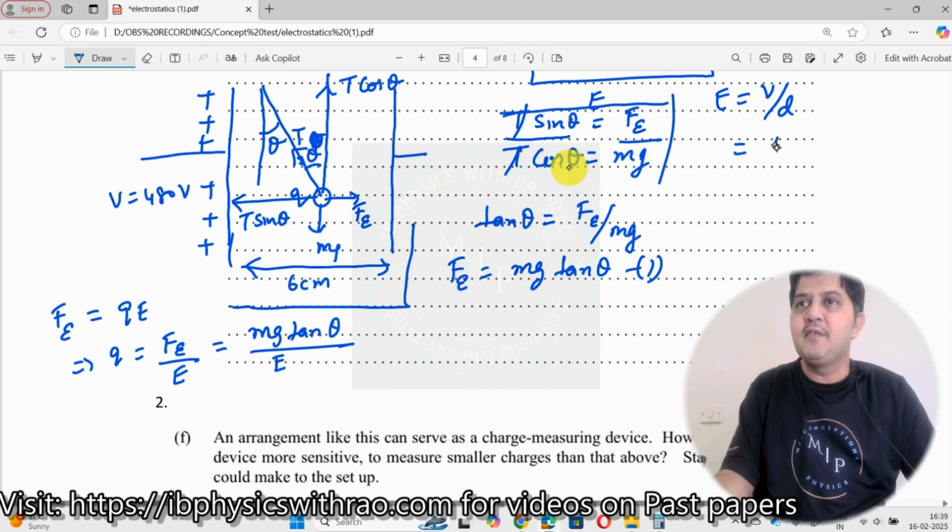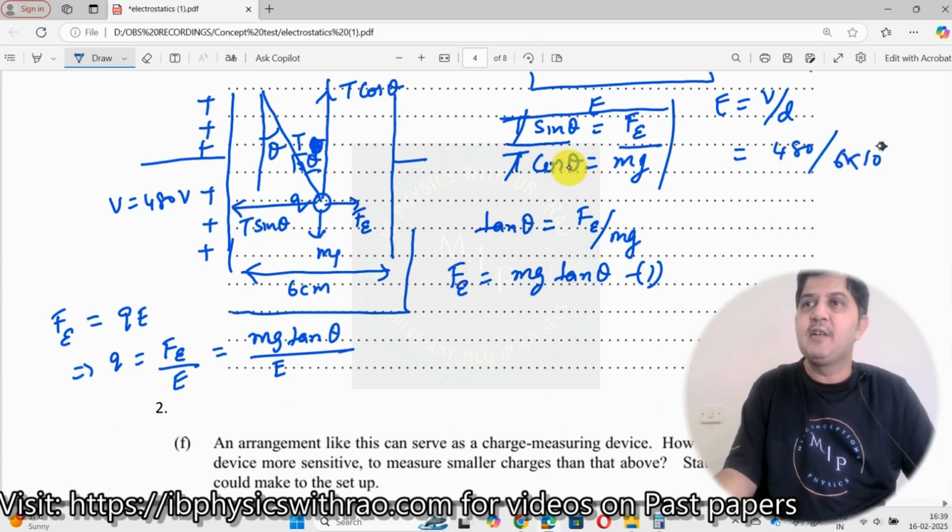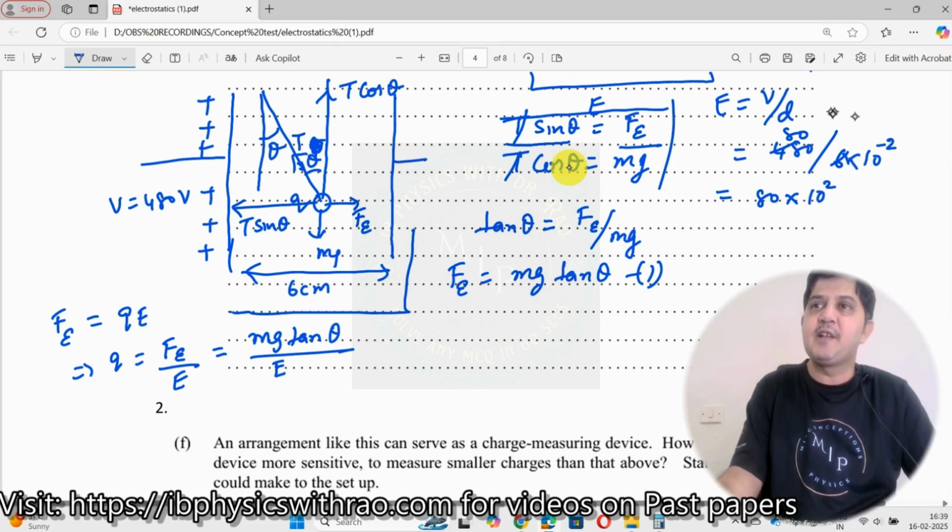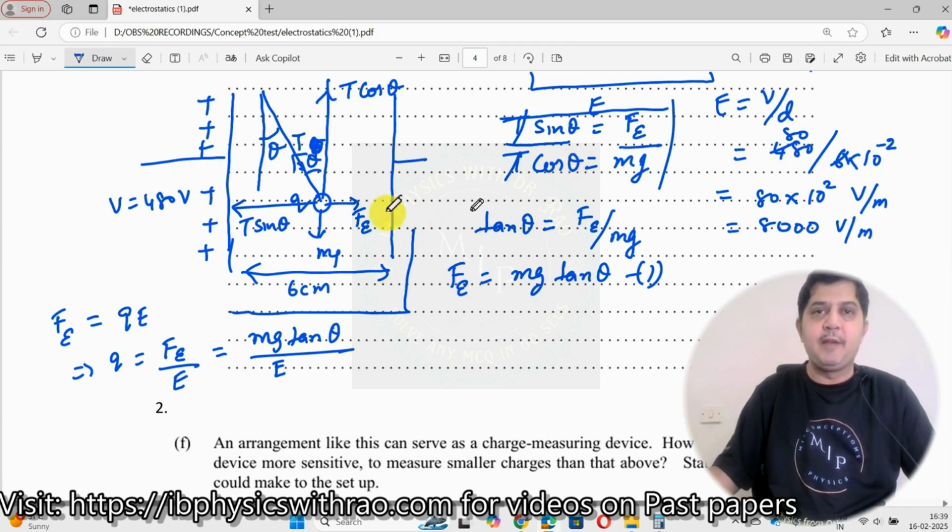So this should be 480 divided by 6 into 10 to the power of minus 2. When I do this, I get 80 into 10 power minus 2, which goes up to 10 squared volt per meter, which is 8000 volt per meter.